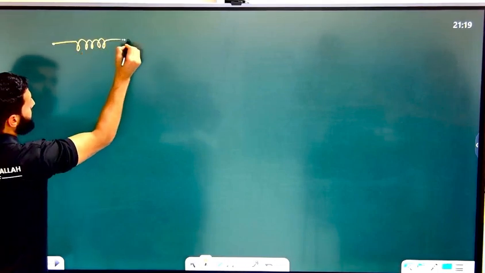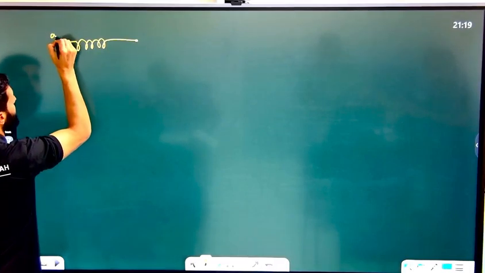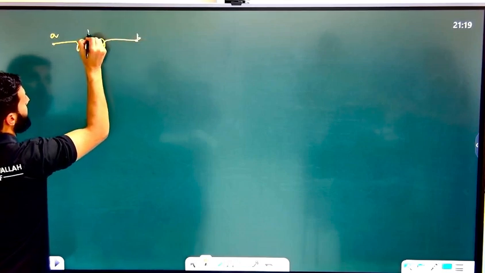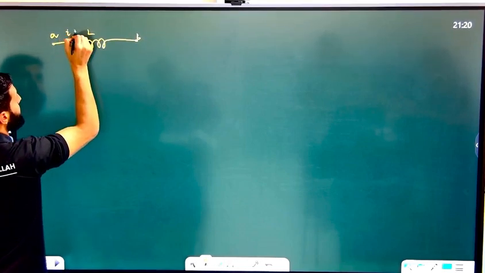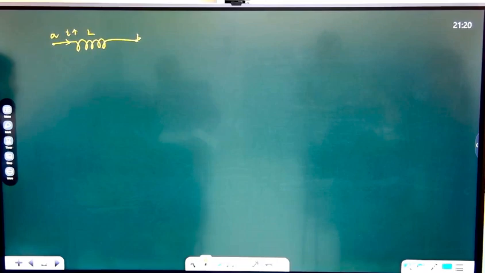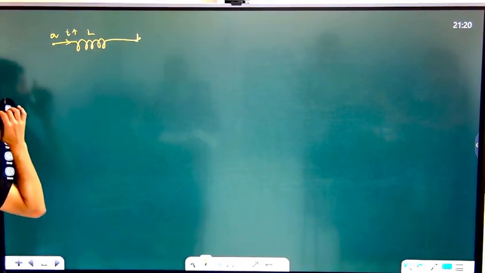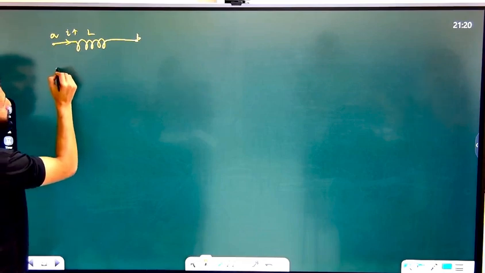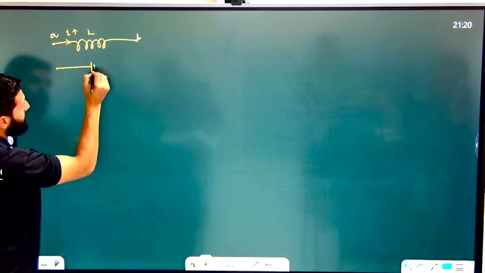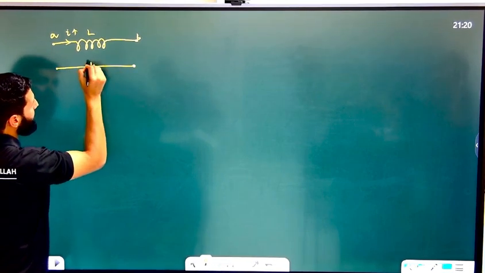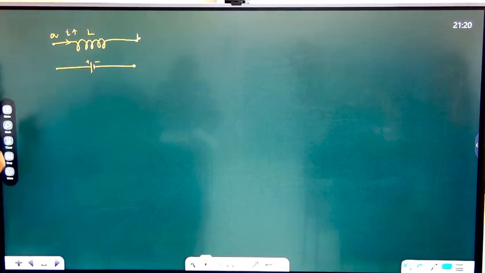Can you write the potential across this inductor like this? See, this is the inductor, this is the point A, this is the point B, this is the L. The current in this is increasing. Once the current is increasing, it will try to oppose the cause. How will it try to oppose the cause? By behaving like a battery.